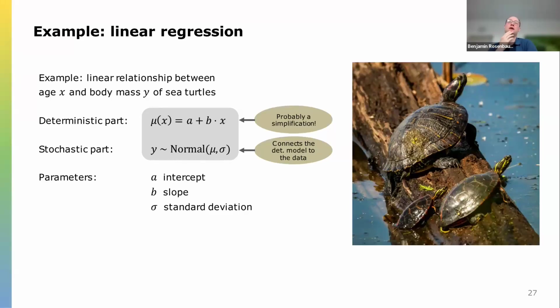For instance, with the deer population from before, at some age the increase in body size will get more shallow. But here I chose an example where you can be more sure that the observed data follows a linear trend. And here we are fitting a classic linear model, which means a regression line. And this regression line already defines the deterministic part of the model.